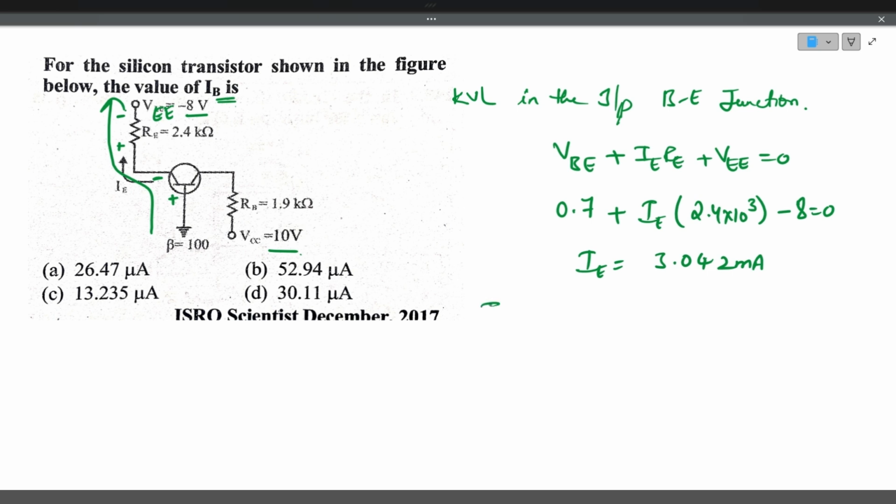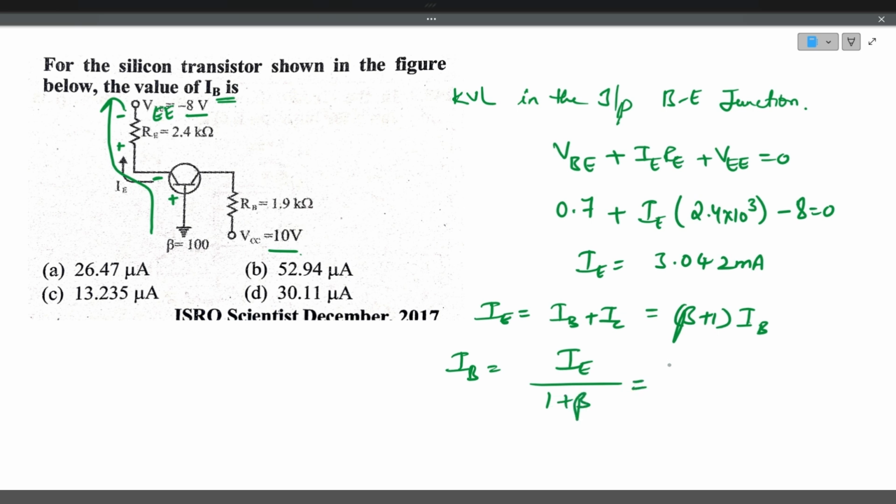So we know that the emitter current is nothing but the sum of base and collector currents. This can also be written as beta plus 1 times IB, because the collector current IC is nothing but beta IB. So now here, the base current can be written as IE divided by 1 plus beta.